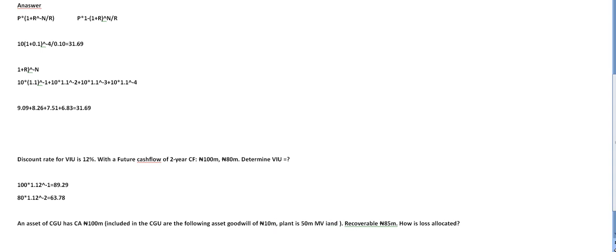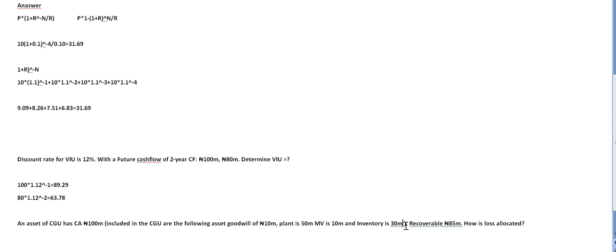Motor vehicle is 10 million, and inventory is 30 million.